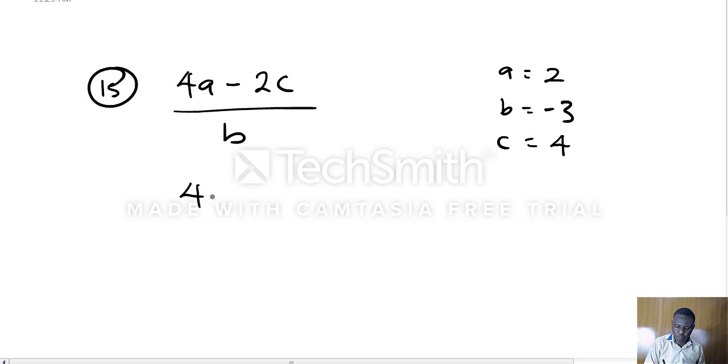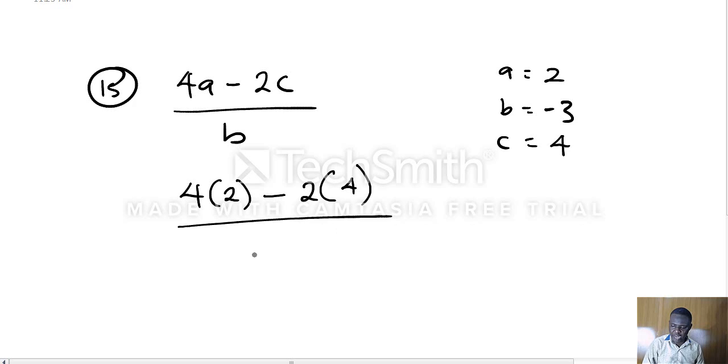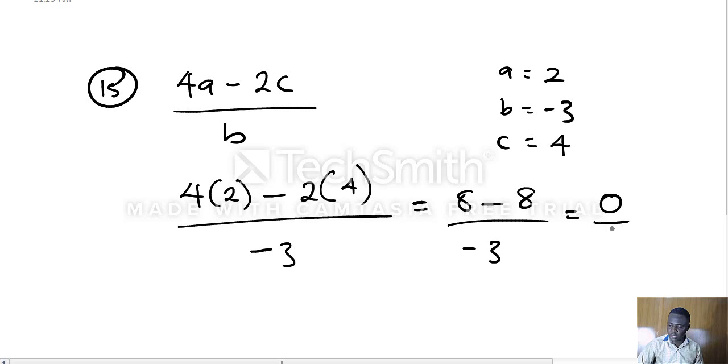This becomes 4 times 2 minus 2 times C, which is 4, divided by B, which is minus 3. This is equal to 4 times 2 is 8 minus 2 times 4 is 8, divided by minus 3. So this is equal to 0 divided by minus 3, and 0 divided by any number is said to be 0.